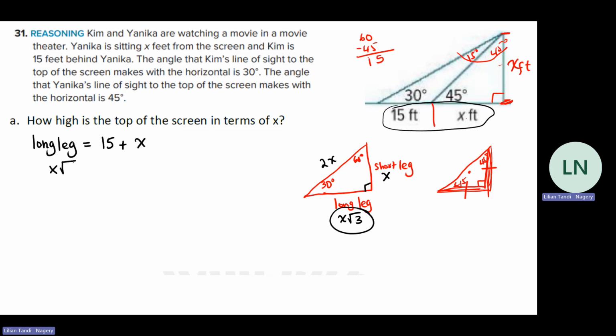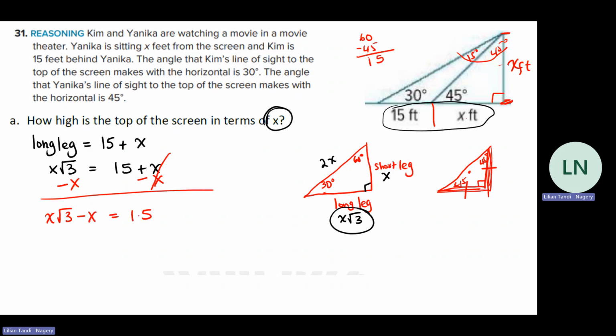So X square root 3 equals 15 plus X. I have been told to find X. So let's write this equation using X. So to move X, I will subtract X on both sides. This goes away. So then you will have X square root 3 minus X equals 15.